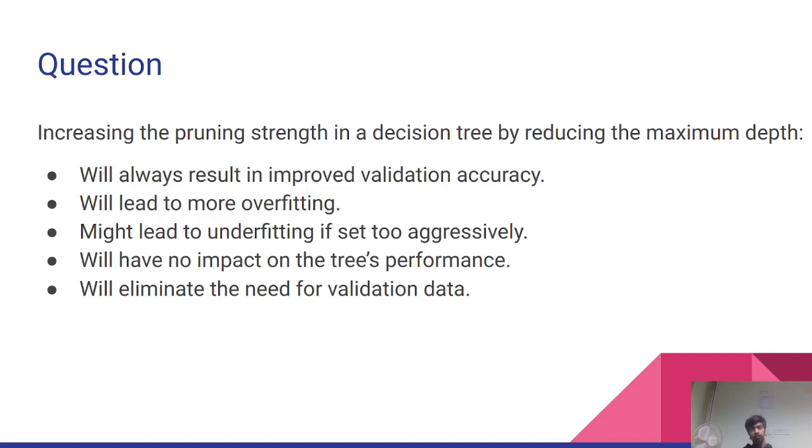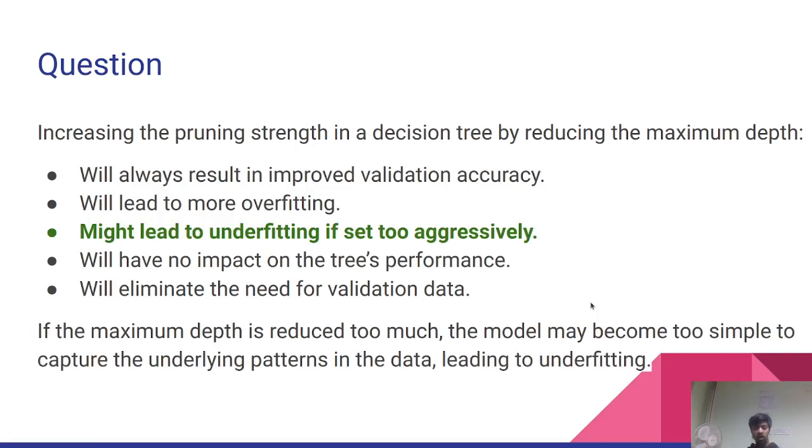Another thing is that even though the model is simpler, it doesn't mean it cannot overfit. In a simple model the chances of overfitting are much lower compared to a larger model, but smaller models can also overfit. So that option is also not correct.